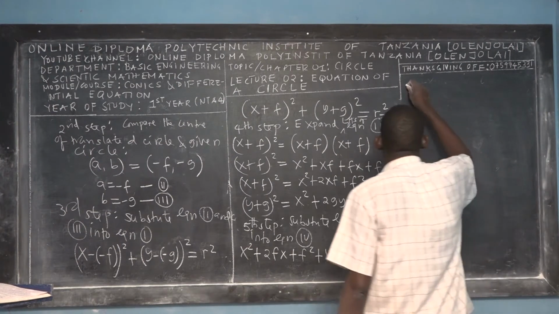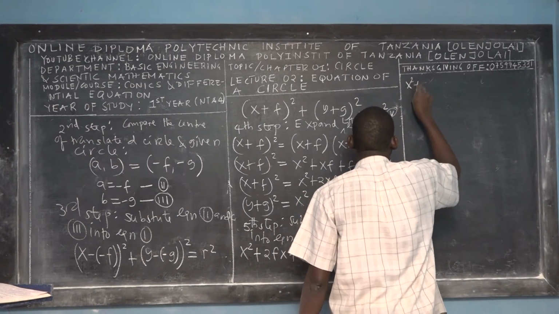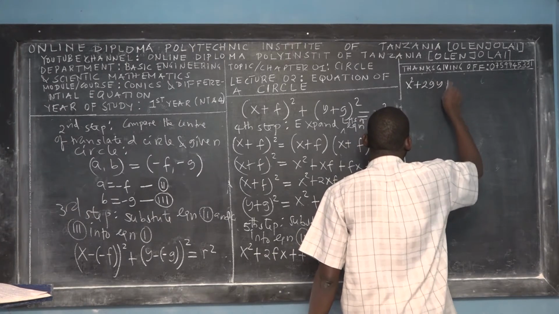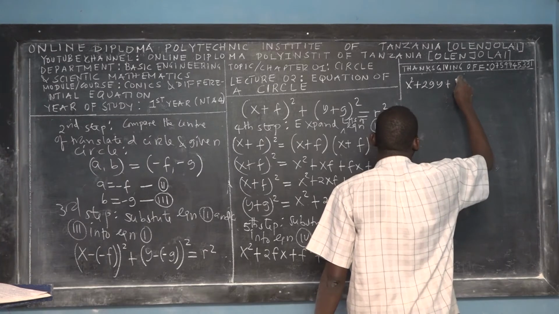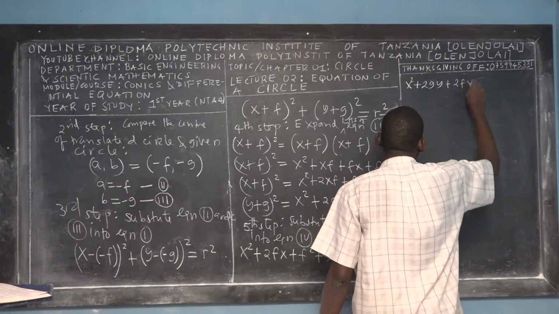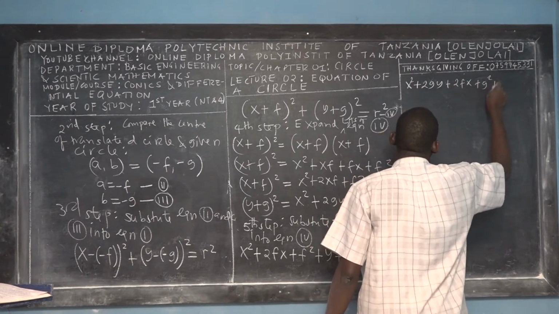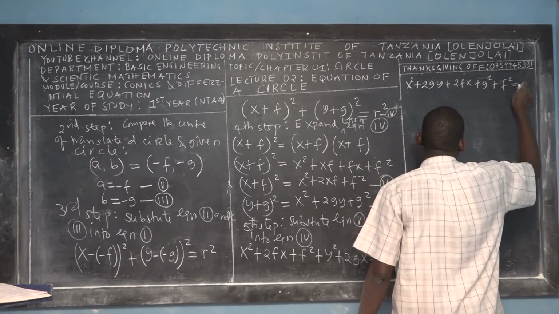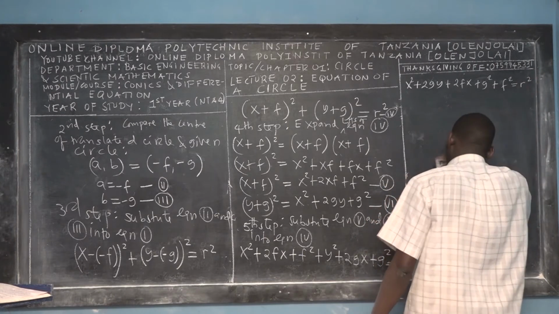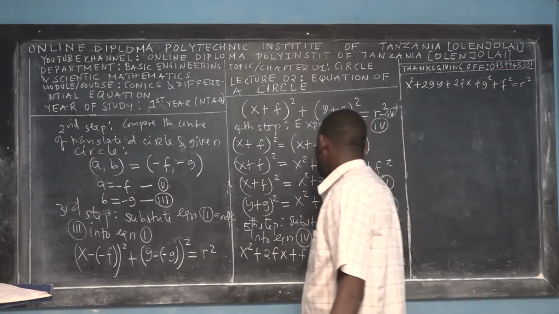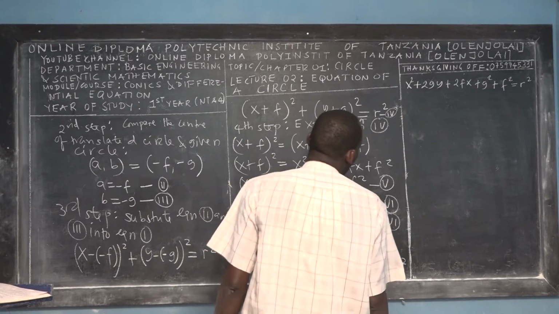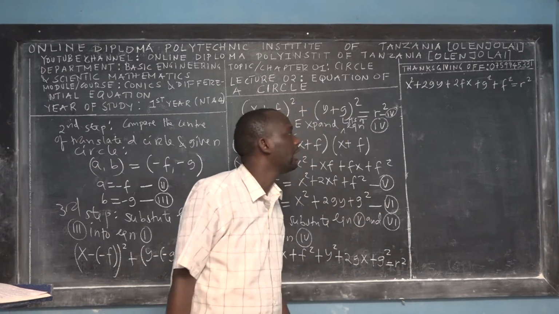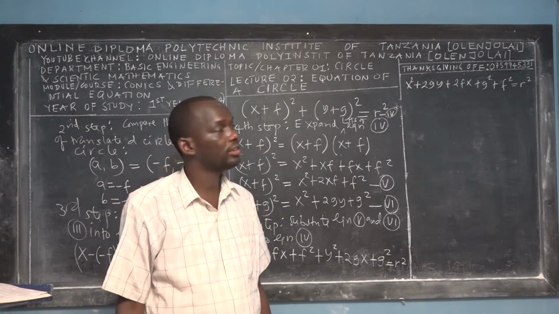So now, our final equation is x squared plus twice gy plus twice fx plus g squared plus f squared. I didn't change anything there. It's equal to r squared. Okay. So our final equation does not contain g squared, r squared, and f squared.